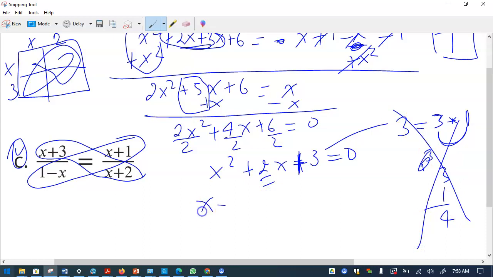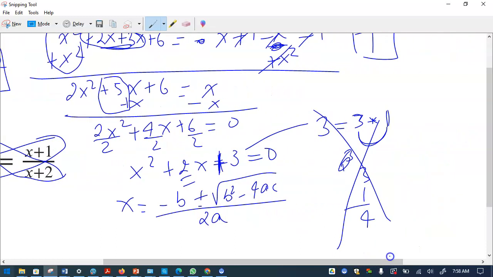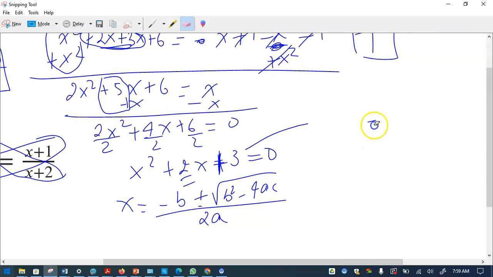But the question is, can we use the quadratic formula? If you look at b squared minus 4ac, inside a radical sign you cannot have a negative. So we need to know what the discriminant is. This whole thing is the discriminant, D. I call it the discriminant.